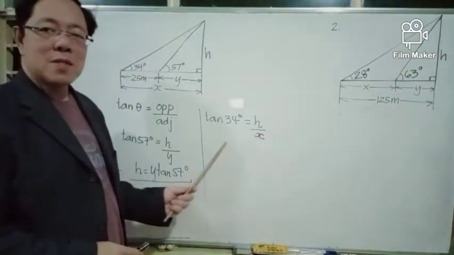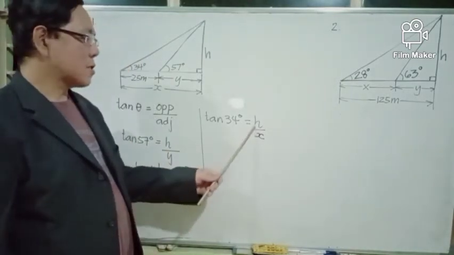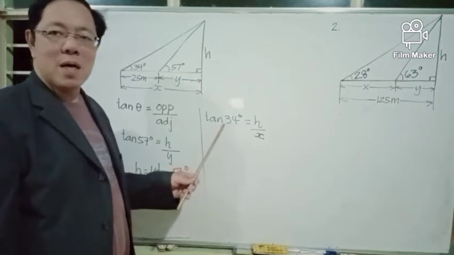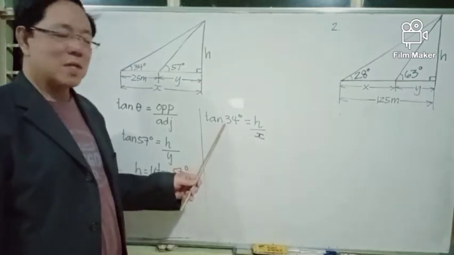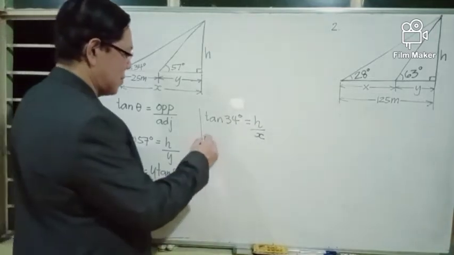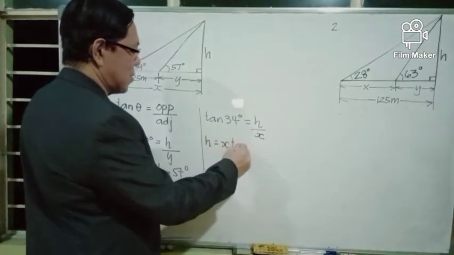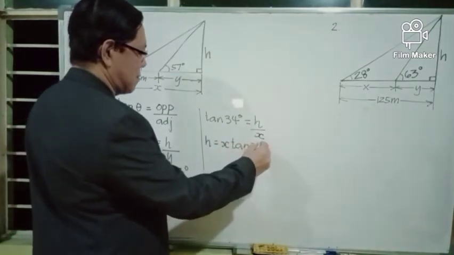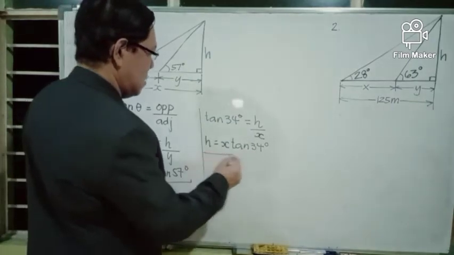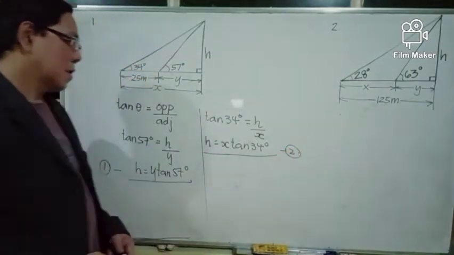Again, from this equation, we solve for h in terms of x now by multiplying x by tangent of 34 degrees. h is equal to x times tangent of 34 degrees. And let's call this equation 2.